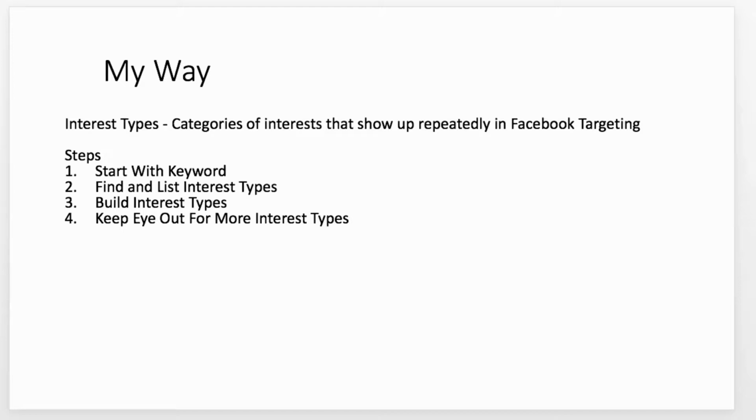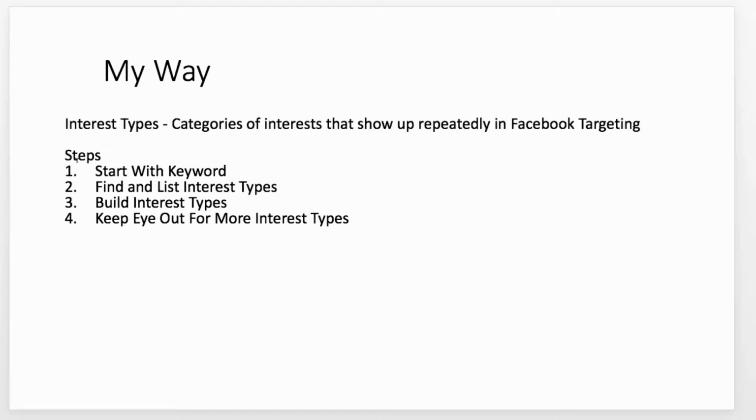We might find certain types of degrees, or certain types of tools or software that are used by programmers. I doubt there are going to be any programmer celebrities, but we might find some sort of programmer buyer interest. I don't know what we're going to find, but we're going to look through the list and find categories of interest that come up over and over again, and then we're going to create our audiences, or our interest types, built around those.